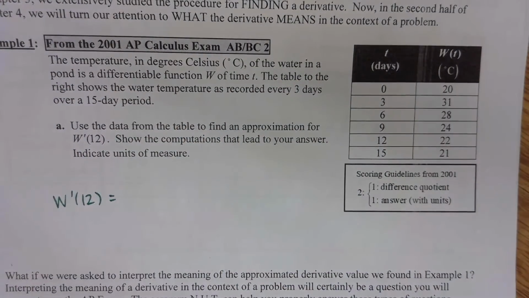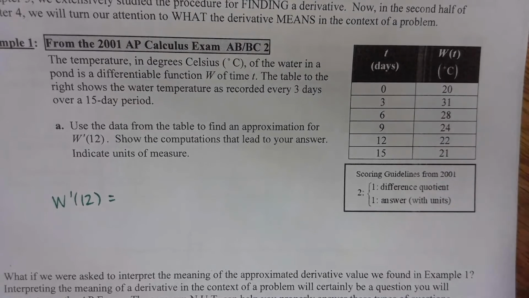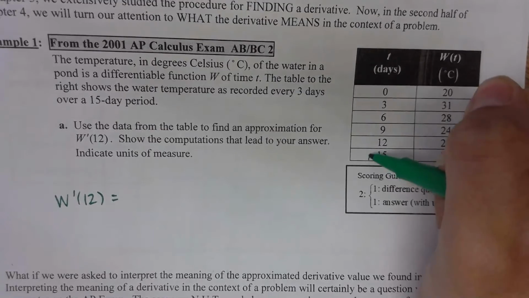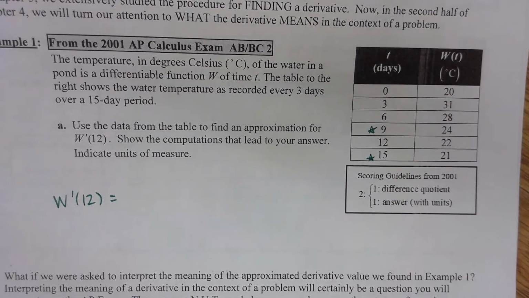So what you're going to do is look at the point to the right of 12 and the point to the left of 12, but not actually use 12. So we're going to use 15 and 9.